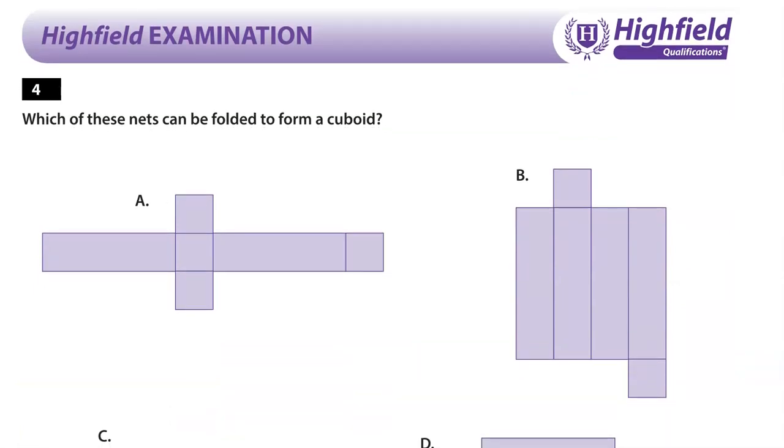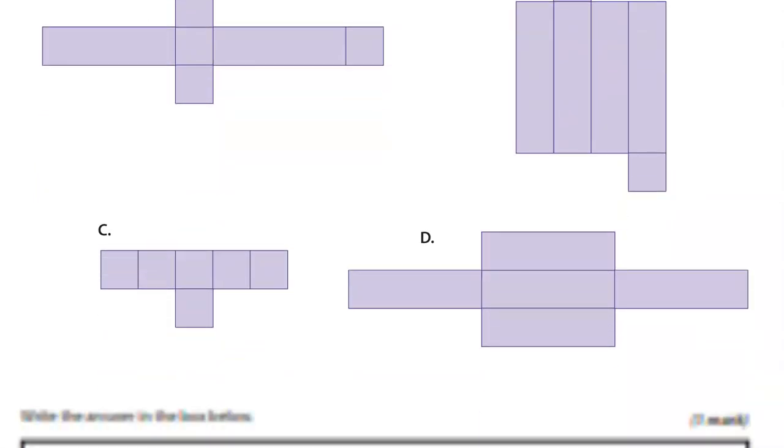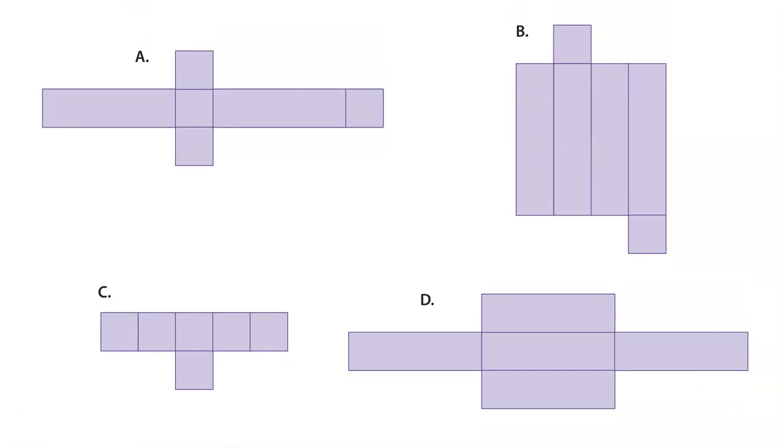Which of these nets can be folded to form a cuboid? Looking at the options, option A has 1, 2, 3, 4, 5, 6 faces. However, you can't make a cuboid with these because if you look at this length, it's not the same as this.